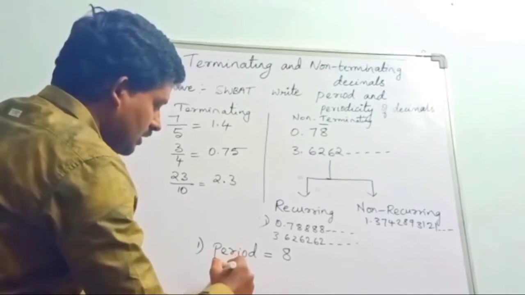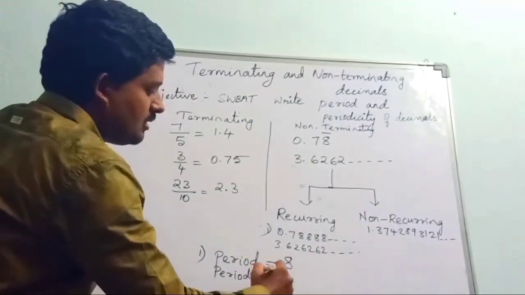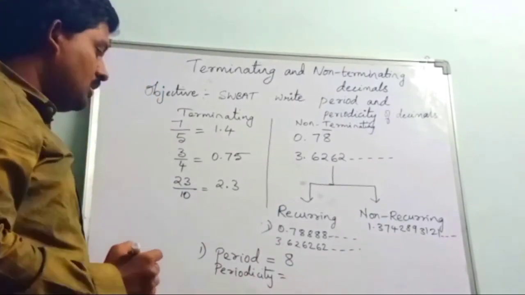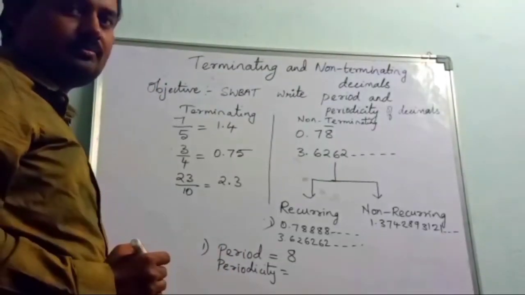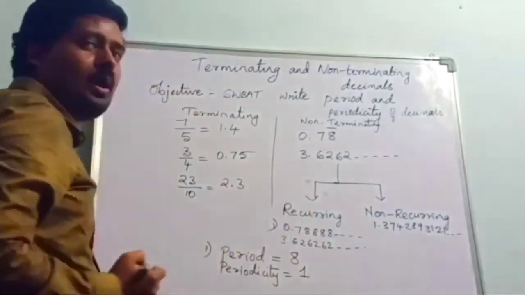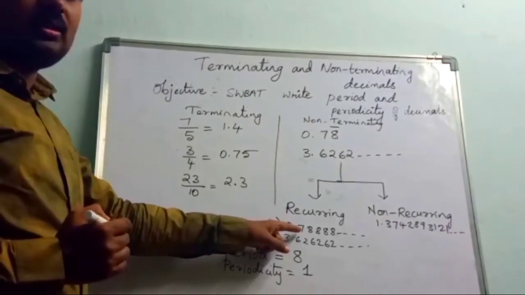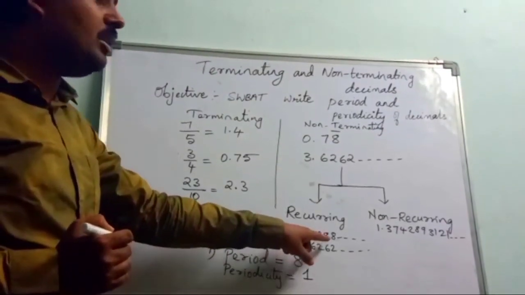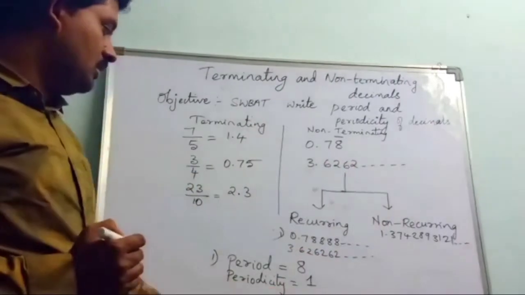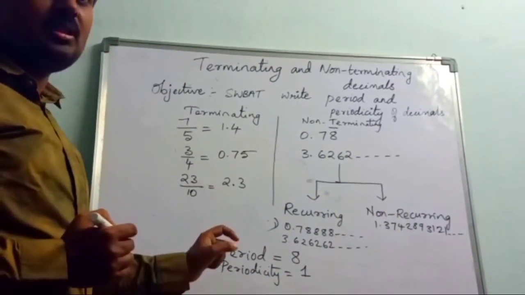What is periodicity? Periodicity is the number of digits in the period. So in the period, how many digits are there? Only 1. So periodicity will become 1. Clear? The period in the first one is 8 because 8 is coming so many times, and periodicity is the number of digits in the period.